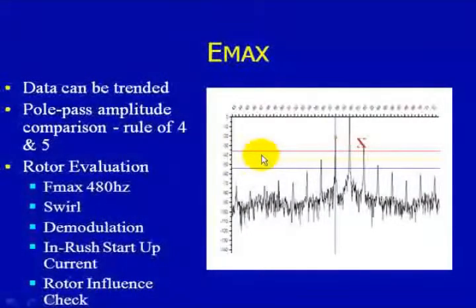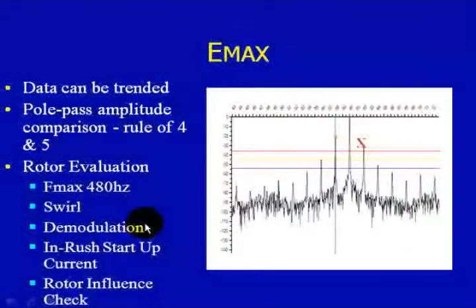We want to utilize every tool available in the Emacs, and we go out to 480 Hertz, which allows us to use our swirl or look at our fifth harmonic. And the fifth harmonic is essentially a phase shift in the air gap flux on the rotor. This creates around the fifth harmonic our pole pass frequencies, and so we monitor for them. We also utilize demodulation, and that essentially filters out our 60 Hertz signal.